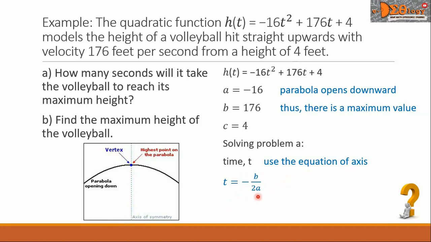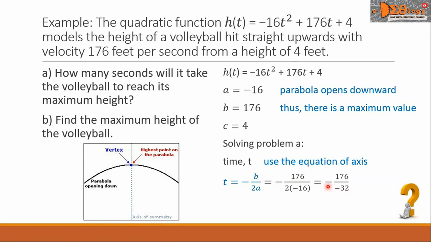Substituting the values, we have the negative of b, which is 176, all over the constant 2 multiplied by a. And our a is negative 16. Let us simplify our denominator. 2 times negative 16 will give negative 32.